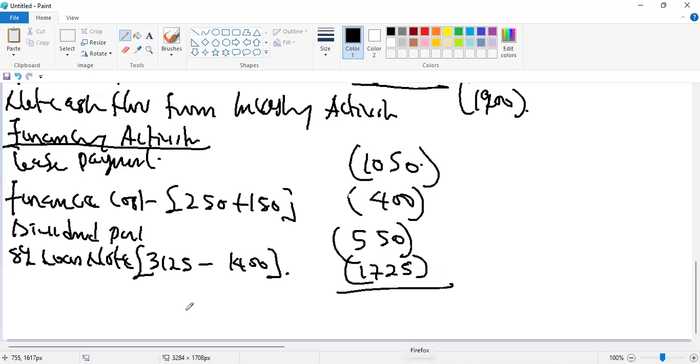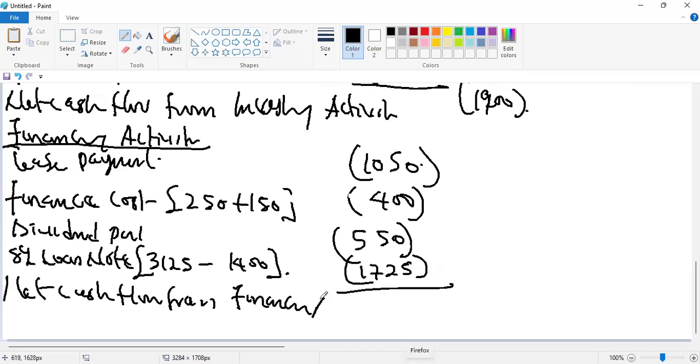I will sum them together. Net cash flow from financing. What does it give us?